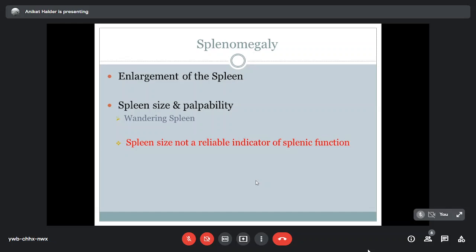So a palpable spleen is not always indicative of increased spleen size. Also, the spleen size is not a really reliable indicator of splenic function, as I had said already.